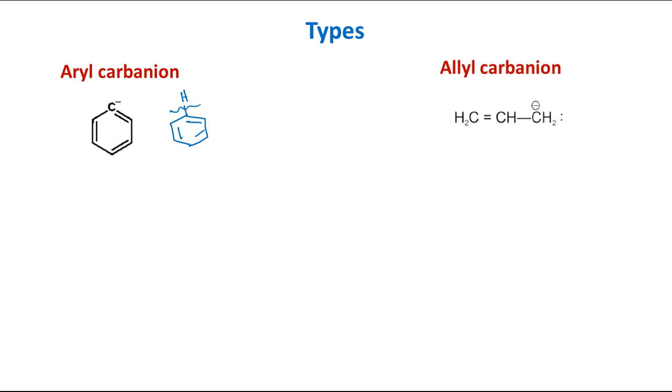Then allyl carbanion. Just like the allyl carbocation we have seen in the carbocation videos, this is CH2=CH, this type of group, attached to CH2, so that is why it is allyl carbanion. In this type of carbanion, there will be conjugation possibilities.